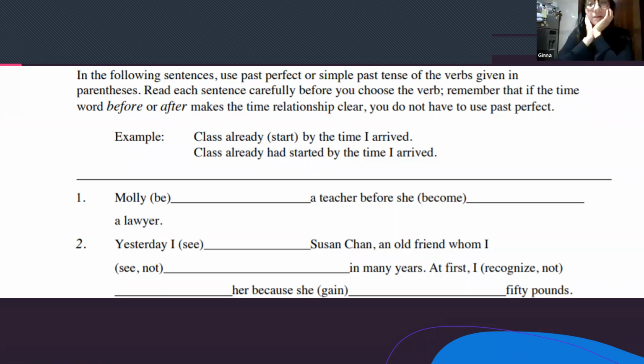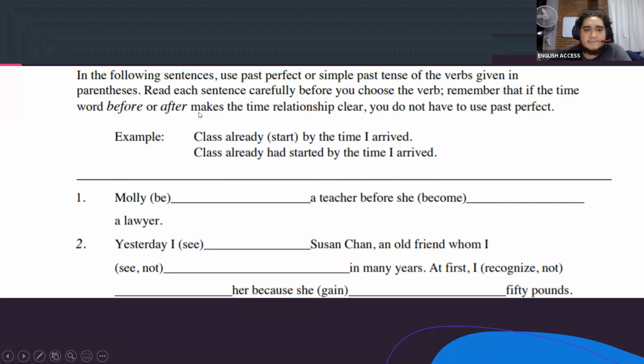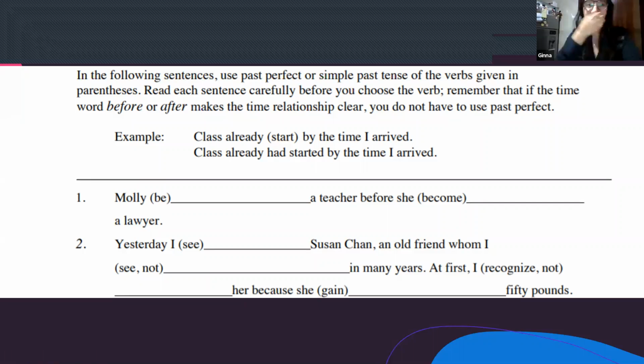Remember that if the time word before or after makes the time relationship clear, you don't have to use past perfect. Example: Class already started by the time I arrived. Class already has started by the time I arrived.